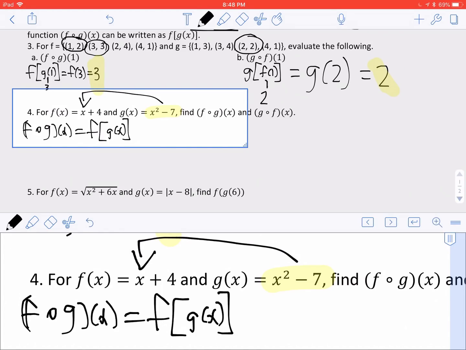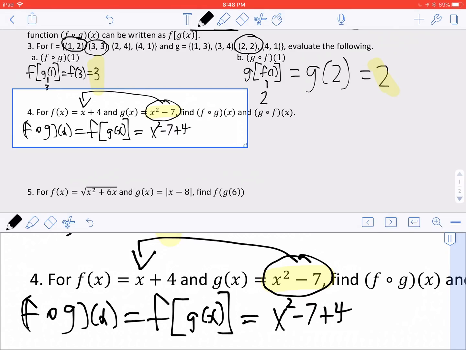So instead of writing x plus 4, I'm going to write this entire thing plus 4. So that would be x squared minus 7 plus 4, which comes out to x squared minus 3. So that's f of g of x.